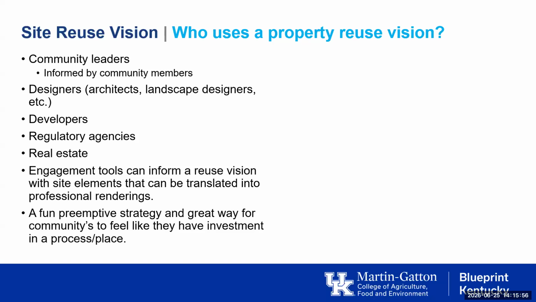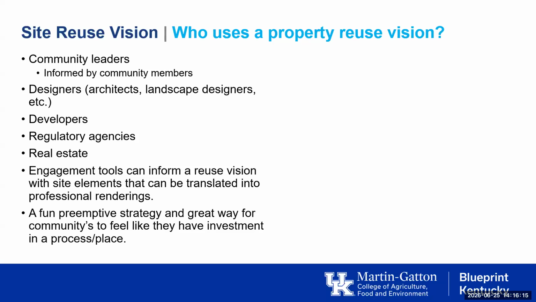I mentioned this earlier, that having some of these components already lined up based on what the community might want can be really helpful for architects or designers, particularly if you want to bring them into your engagement processes, which we'll talk more about shortly.